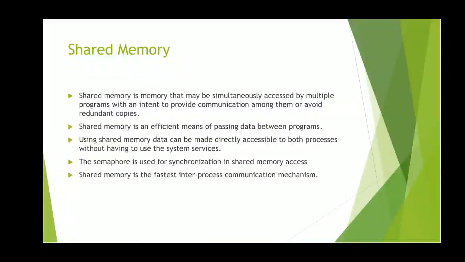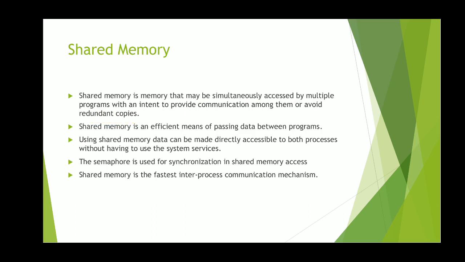We are moving on to shared memory. Shared memory is a type of interprocess communication method. Using shared memory, we can achieve communication between multiple processes. Shared memory is nothing but a block of memory which is shared between multiple processes, and using this memory we can achieve interprocess communication. Here it says shared memory is memory that may be simultaneously accessed by multiple programs with the intent to provide communication among them or avoid redundant copies.